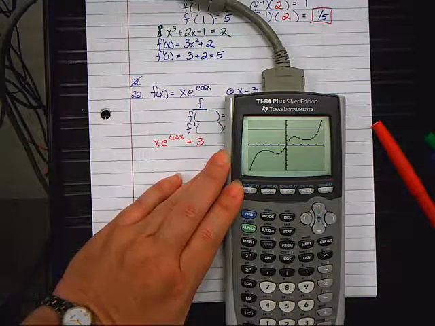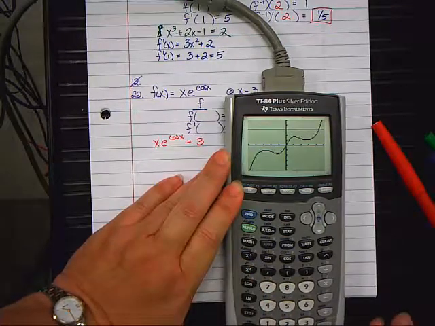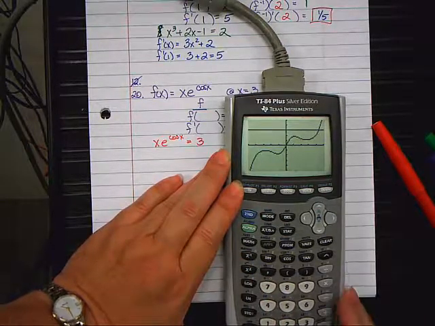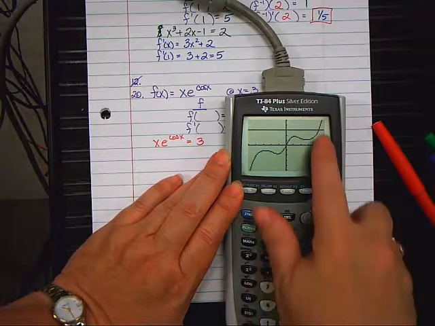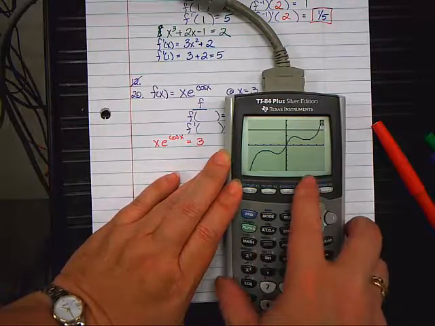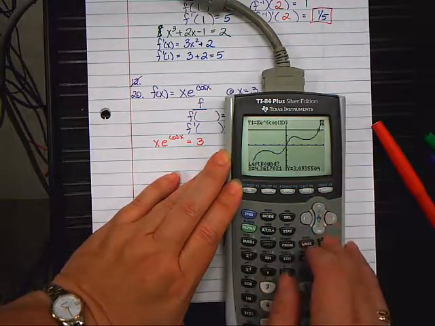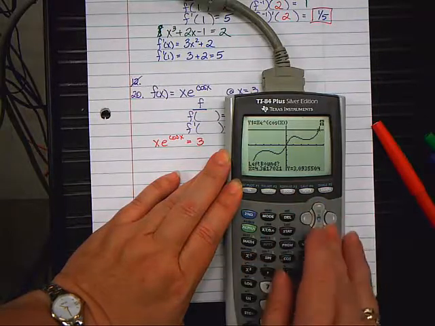Are we supposed to put in the 1 and 1? The left side of the equation. Okay? Now, I need to now find that intersection point because that's the point I'm looking for. So second, trace, oops, I did the wrong thing. Second, hang on a minute.